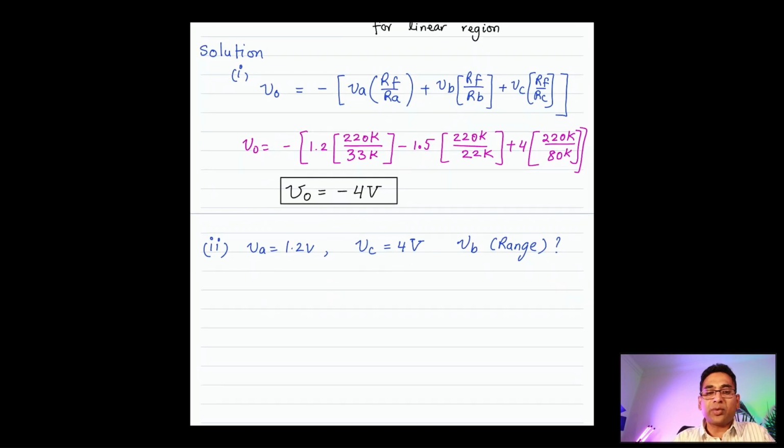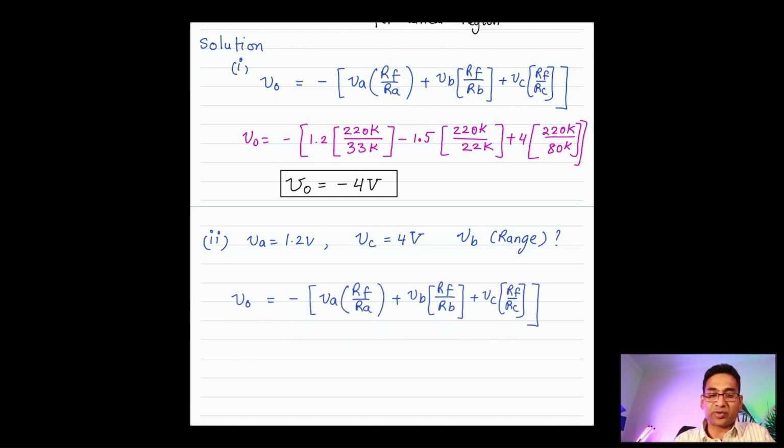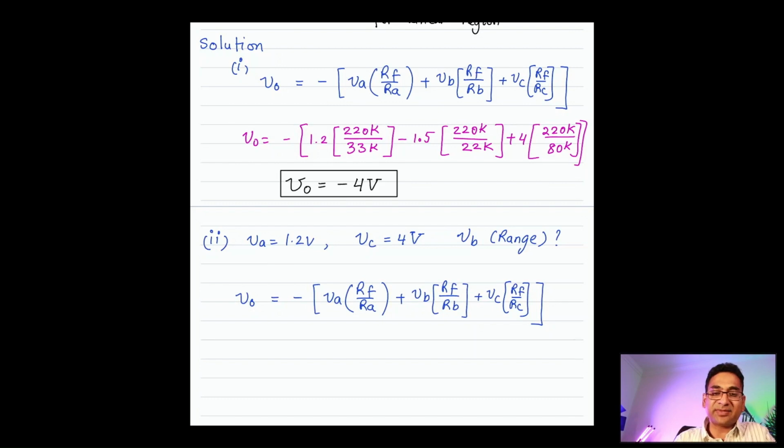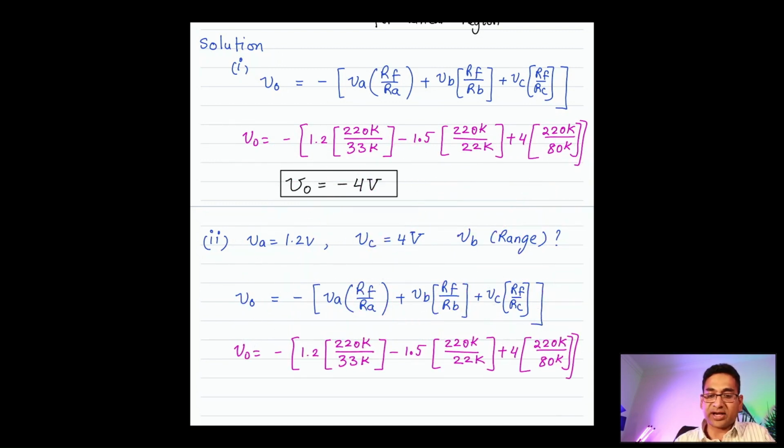So, we are still going to go back to this equation. As a matter of fact, I'm going to copy that whole equation and paste it over here. And the same thing for the purple equation as well. I'm going to duplicate it and then copy paste it over here.